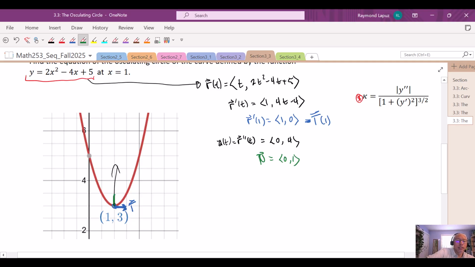So this is your normal vector, N, and what I drew here would have been your acceleration vector. So let's take that out. Maybe we'll draw it lightly. This is your a of t, or your r double prime.